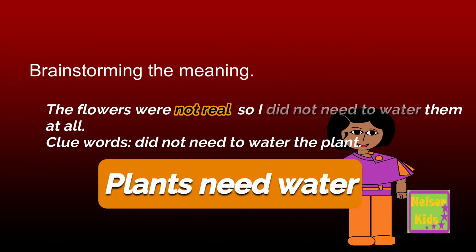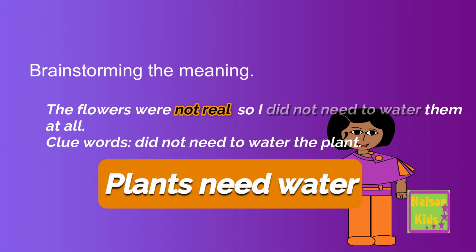So you have context clues where the meaning is sometimes right there in the sentence. Sometimes you have an opposite, an antonym clue, where an opposite situation is presented, or sometimes right within the sentence you have a synonym clue where you can find words similar to the answer that you are looking for. For example, I did not need to water them at all.